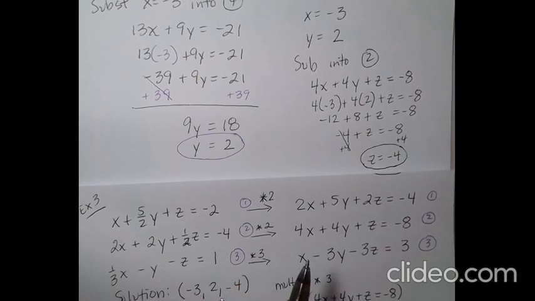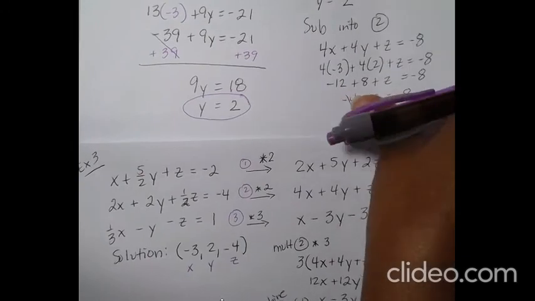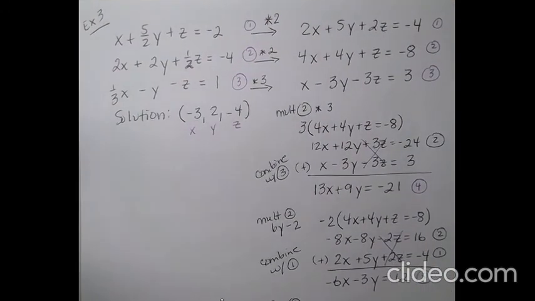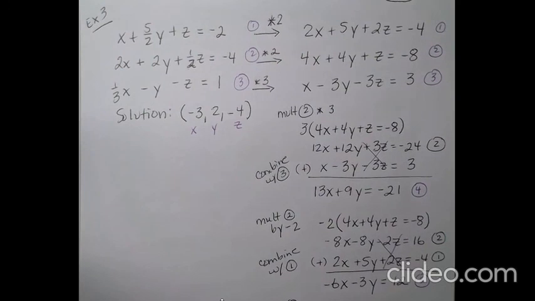This is our x, this is our y, this is our z. The solution to these three equations, x, y, and z. Remember, you've not found a solution until you've got a value for all three variables in a system of equations that has three variables. If it has three variables, that's when you've got your solution there.